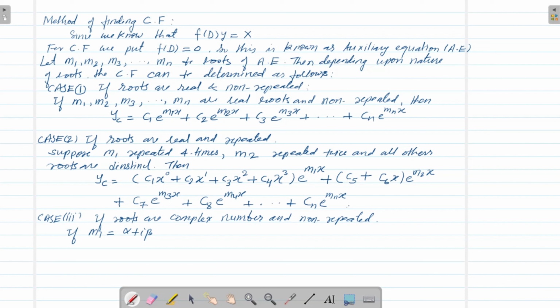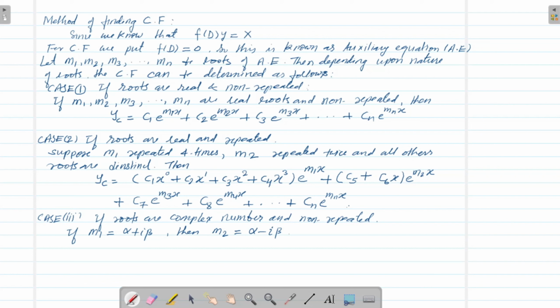So m2 will be alpha minus i beta, its complex conjugate.